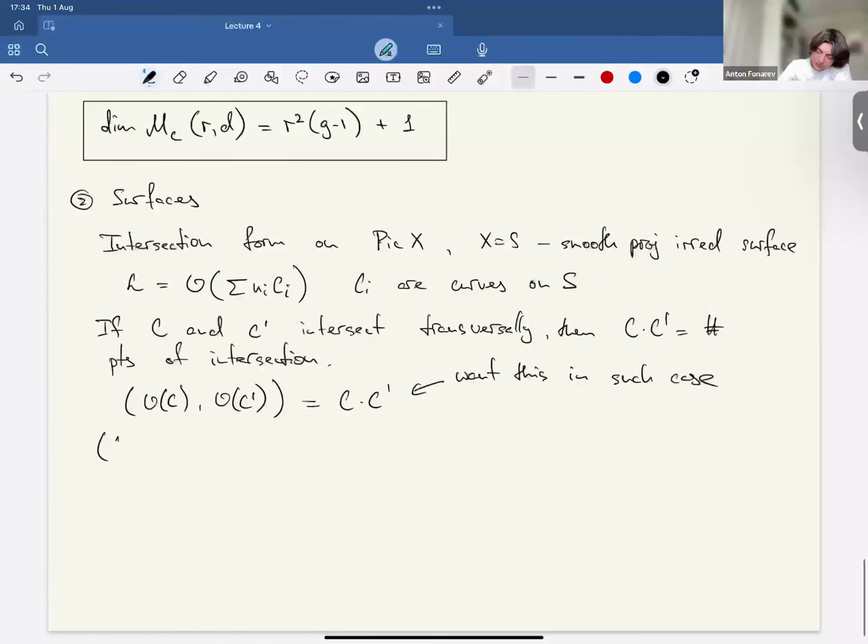the intersection of L and L prime, well, it will be a mess of notation.